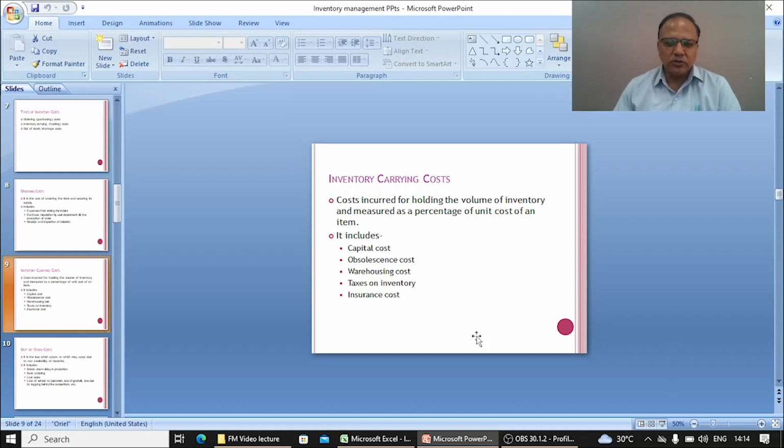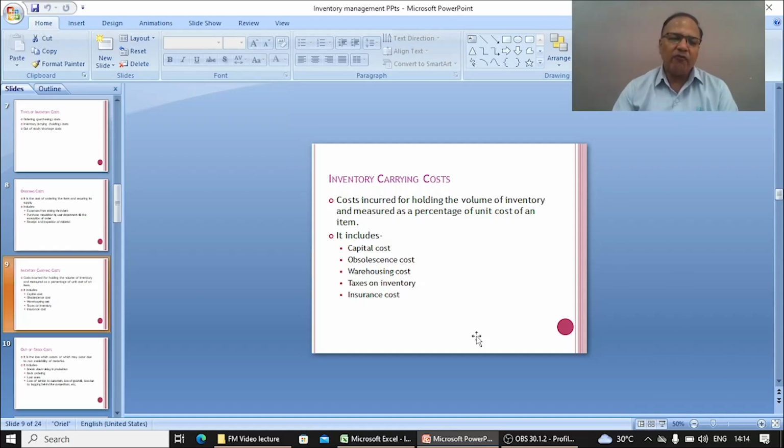The costs which are components of inventory carrying cost are, first, capital cost. Capital cost means the cost which you have to incur to purchase the raw material, or you can say this is the cost of financing.